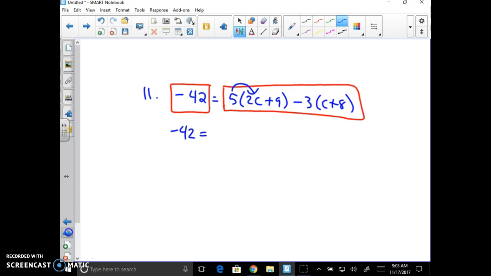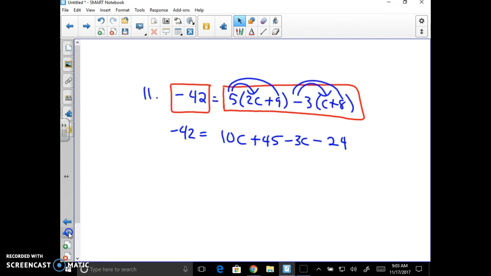5 times 2 is 10. 9 times 5 is 45. You have to distribute this negative 3, gives you negative 3c, and negative 3 times 8 is negative 24. Okay, so now let's box it again.